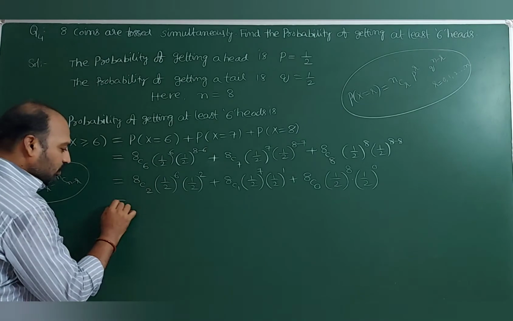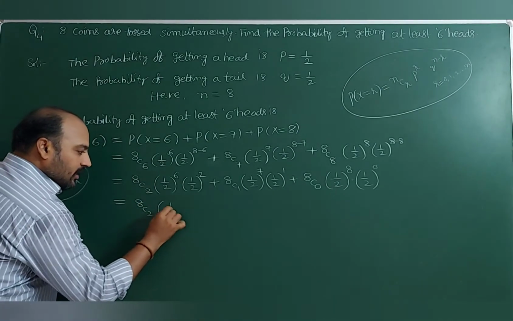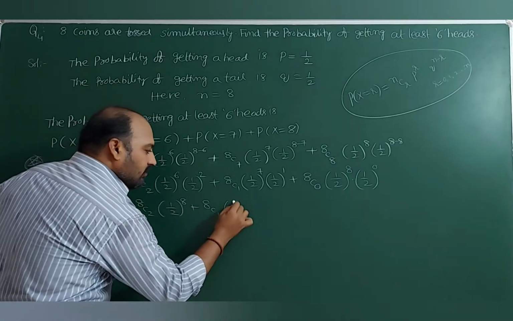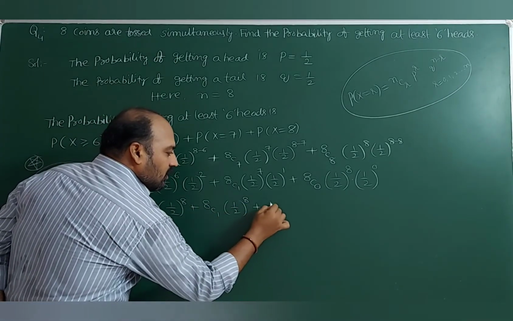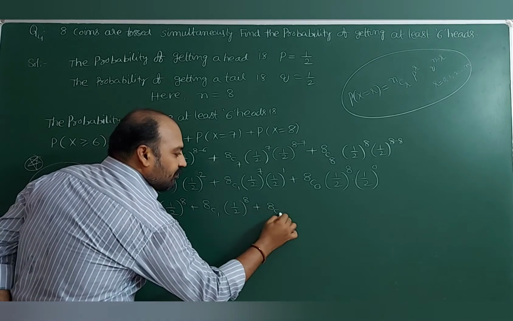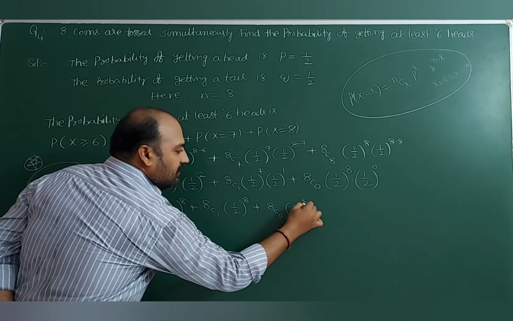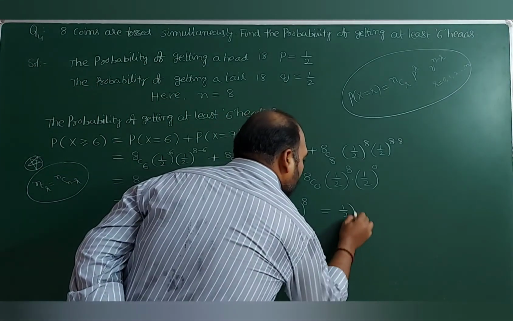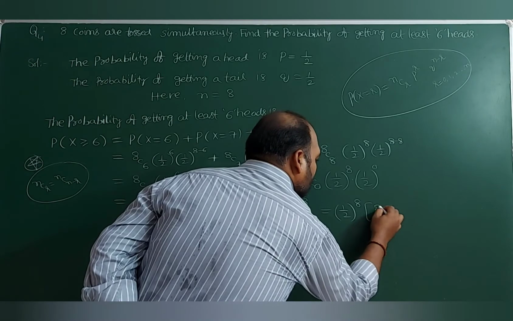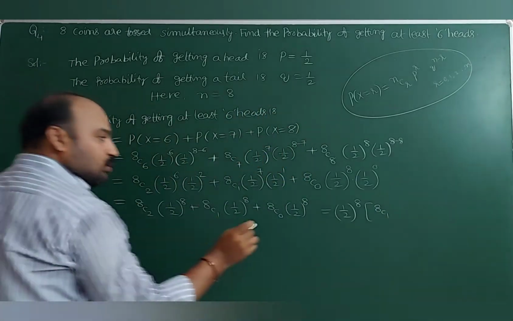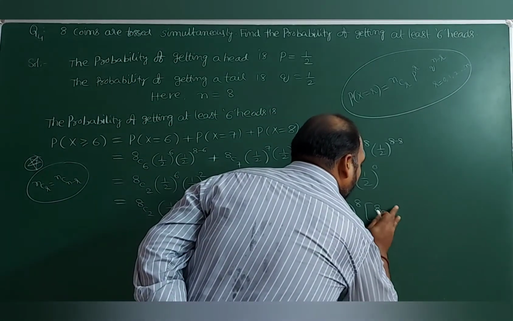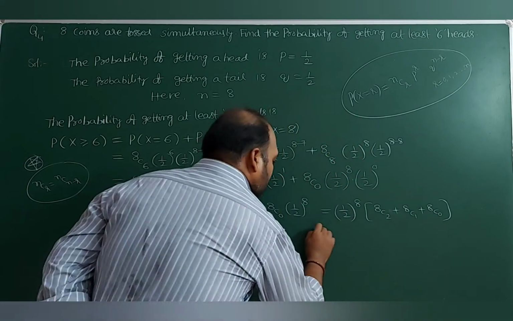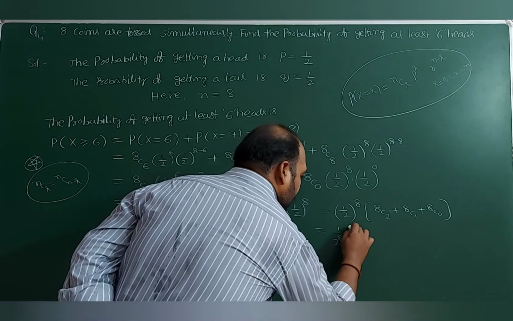So this is equal to 8C2 (1/2) power 8, 8C1 (1/2) power 8, 8C0 (1/2) power 8, as the bases are equal, the powers are added. So (1/2) power 8 I am taking common here: (1/2) power 8 times (8C2 plus 8C1 plus 8C0).